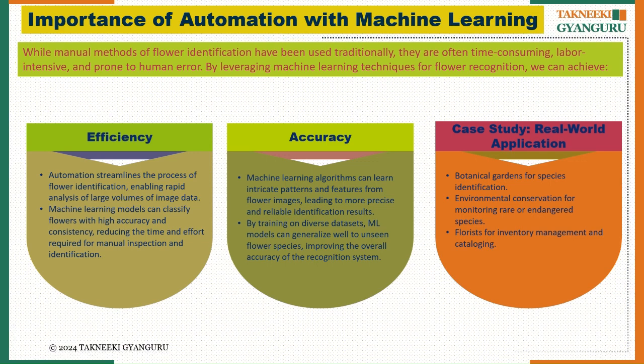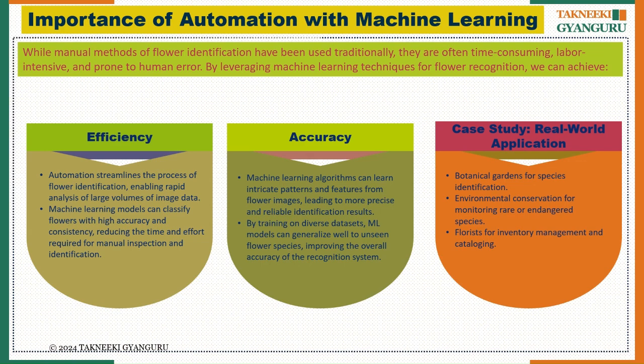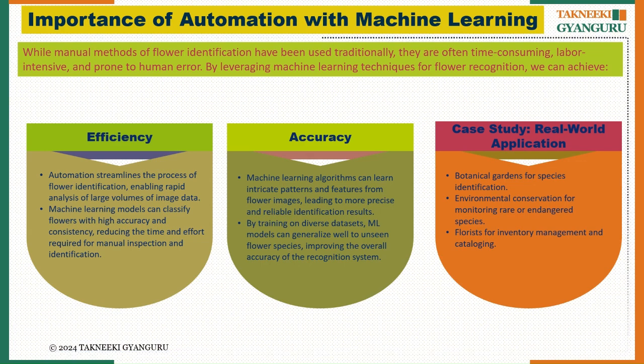For image classification, we have different use cases. Suppose we want to have a face recognition system, so that we have all the datasets, all the images with all these details, right?